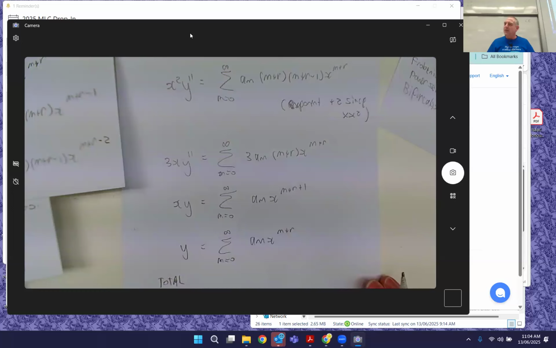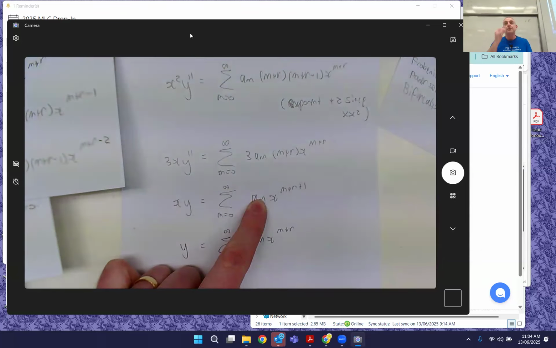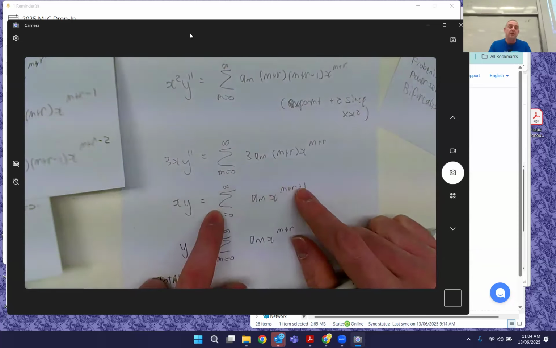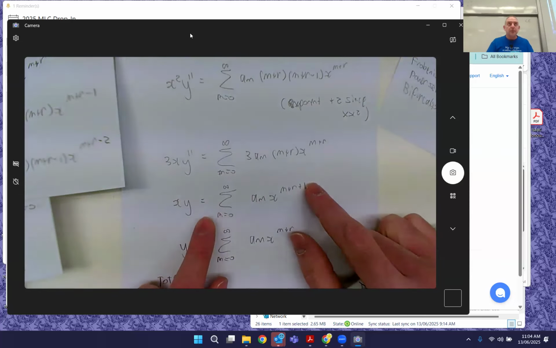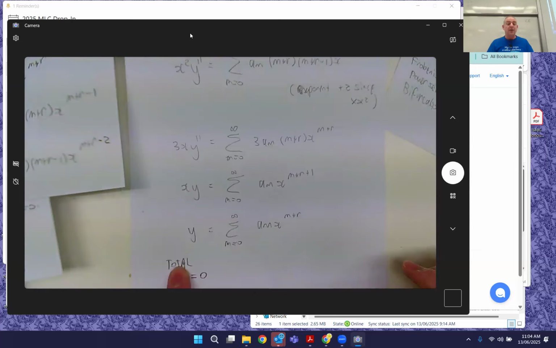But I'm going to have a really hard time adding this one to the others because the exponents don't match. And so I have to shift the indices of this one so that the indexes match, the powers match, the exponents match. And then I'll be able to add them together, which is what I have to do. I have to figure out the total.